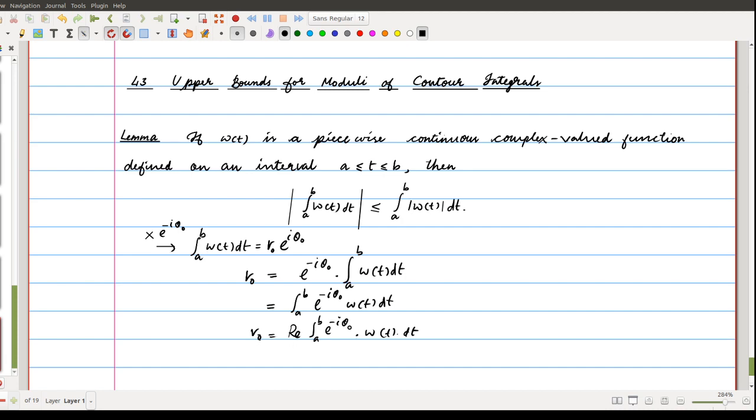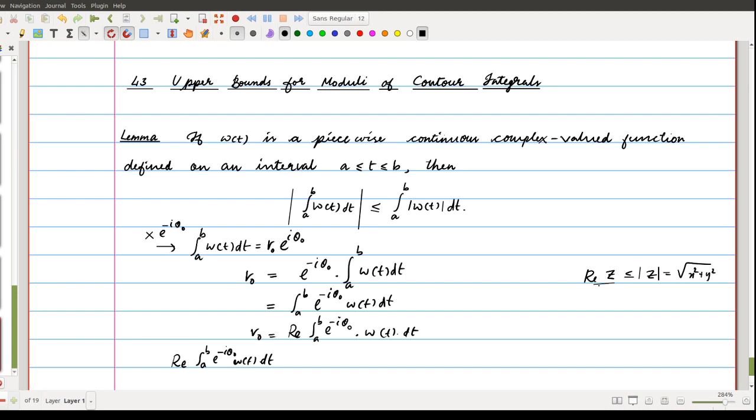We need to prove that this r naught is less than or equal to something. So we observe the right hand side, that is the real part of the complex number, the integral from a to b of e to the power minus i theta naught omega of t dt. But we know that the real part of a complex number z is always less than or equal to the modulus of z, because the modulus is the square root of x squared plus y squared, if z equals x plus iy.